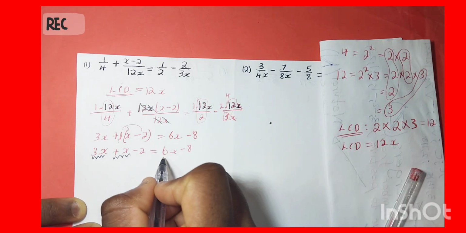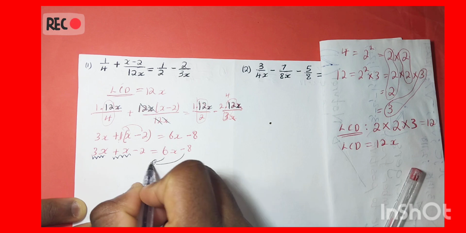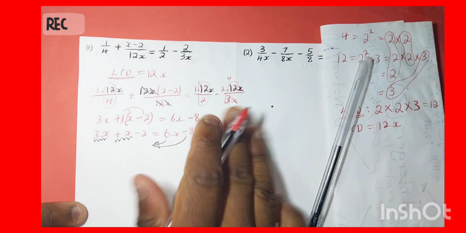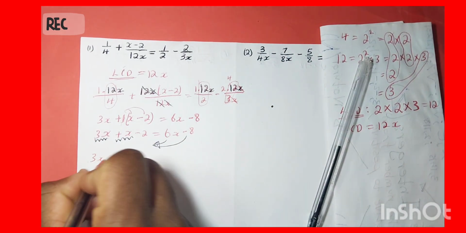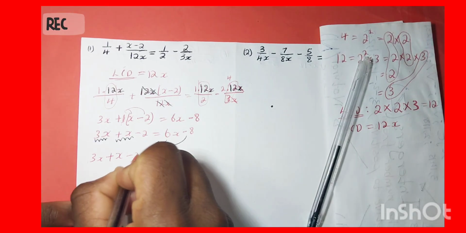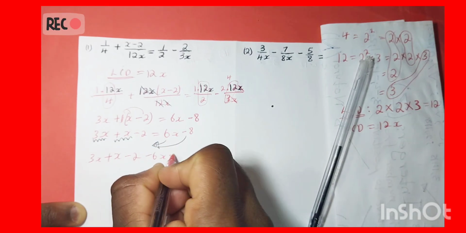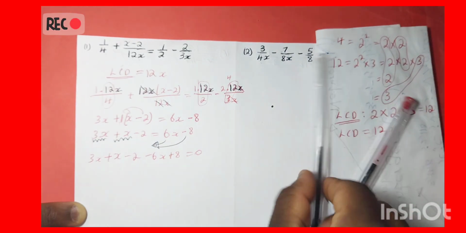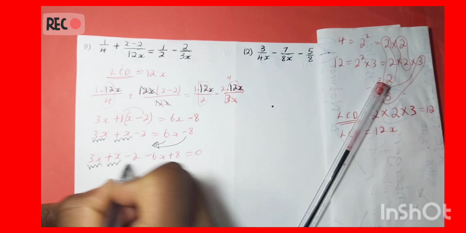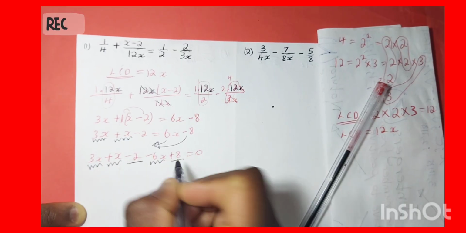And now let me take everything on one side, so that I can collect like terms. Before I collect, let me write them here. Meaning this one, they will change the sign. Here I will be left with 0. So now I can tell that these are like terms, a number to a number.